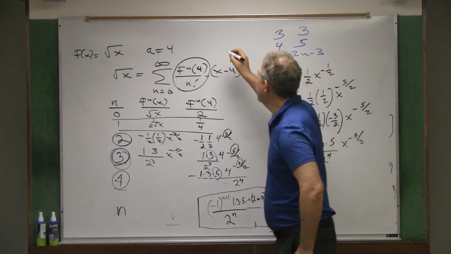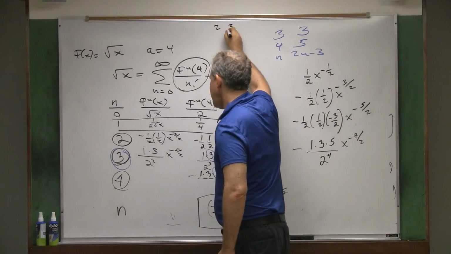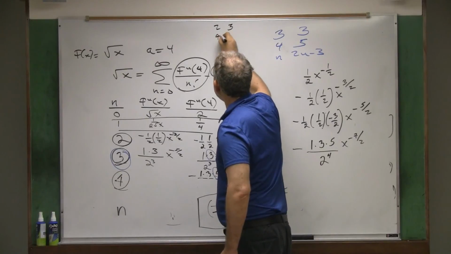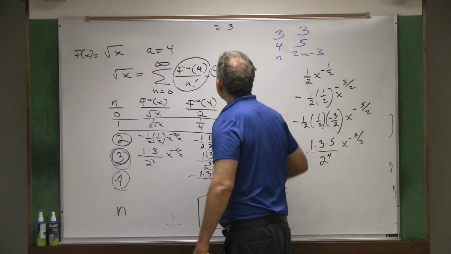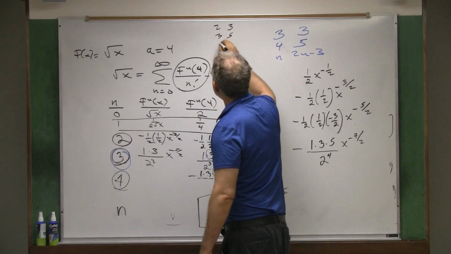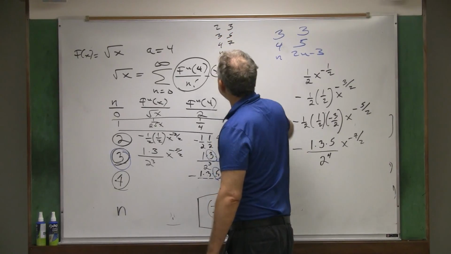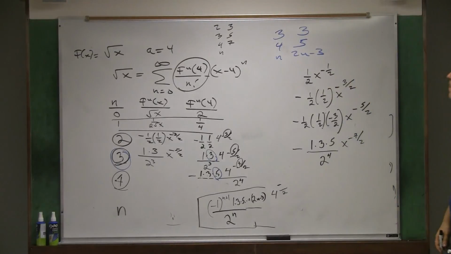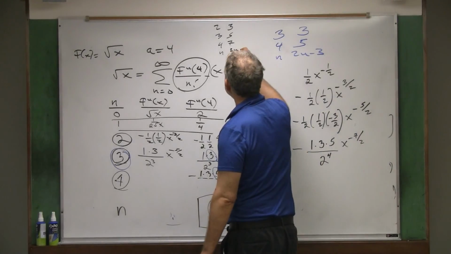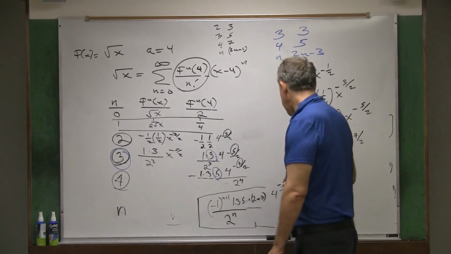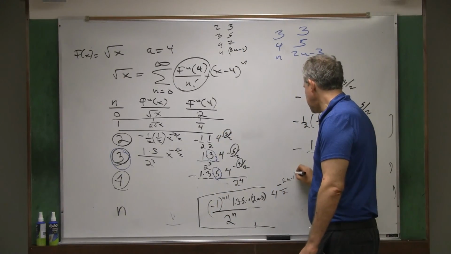So when it's n, what are we getting? 2n minus 1. Yeah, this is pattern recognition here. So this is a 2n minus 1.